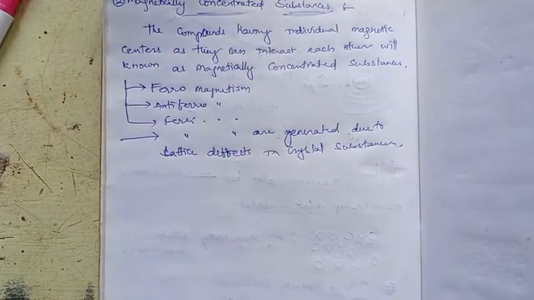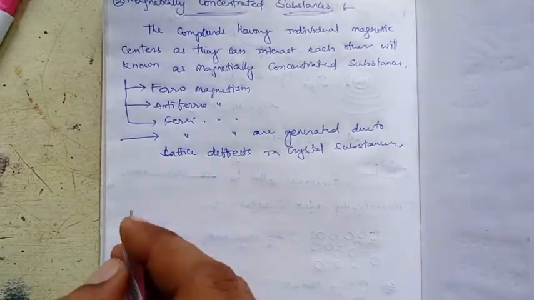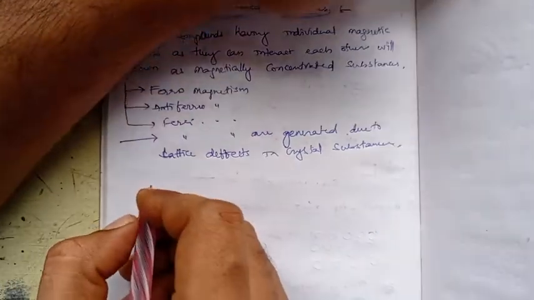Now let us discuss the common magnetic behaviors in the complexes, that is para and dia.